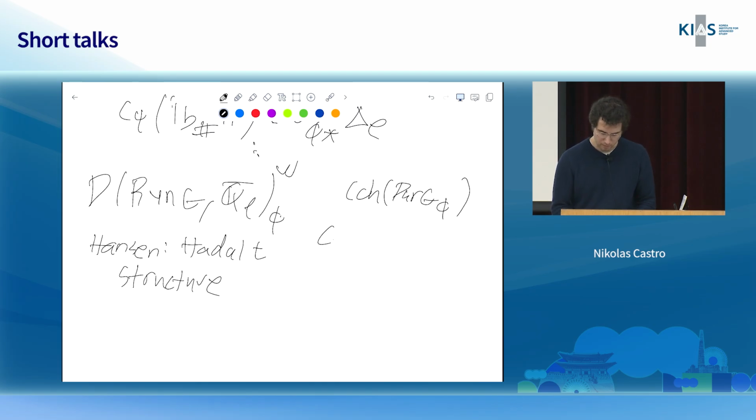we have what can be called, sort of building off work of Bezrukavnikov, something called the perverse coherent t-structure.